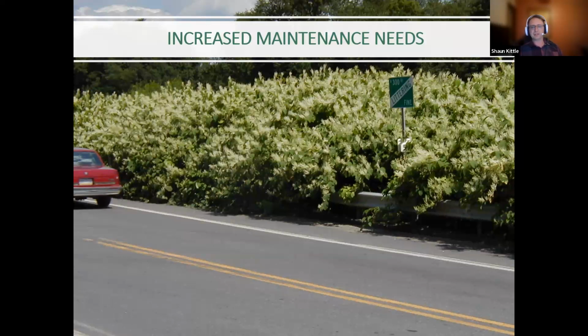As you can see in this image, the shoulder of the road is being consumed by the invasive knotweed. If that red car had an emergency and needed to pull over, there's very little room to do so. It's pretty safe to say this stuff will soon begin encroaching onto the roadway if it's left unchecked. It's really close to that white line there.